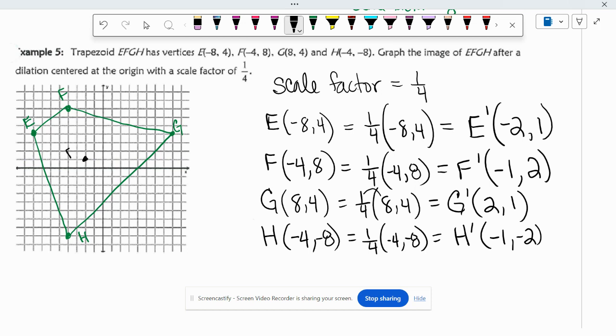So the image, the finished product, is this teeny little trapezoid right down there.